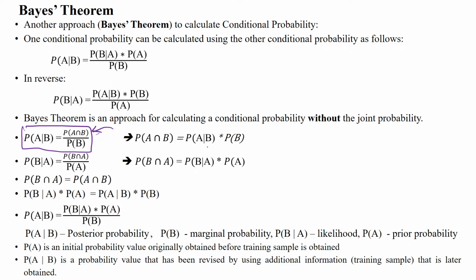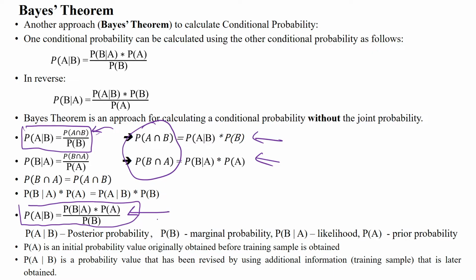We can derive it by substituting these values, probability of A intersection B and probability of B intersection A. Then finally you will get probability of A given B equal to probability of B given A multiplied with probability of A divided by probability of B. So here we are not having the joint probability. Without using the joint probability, by using the Bayes theorem, we can calculate the conditional probability.